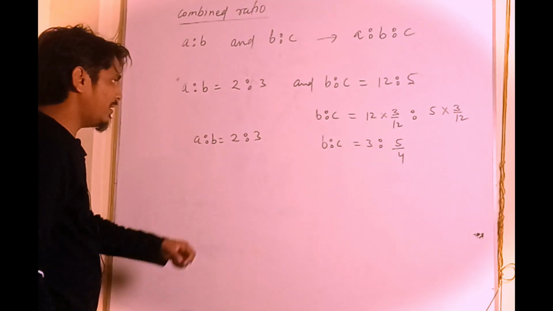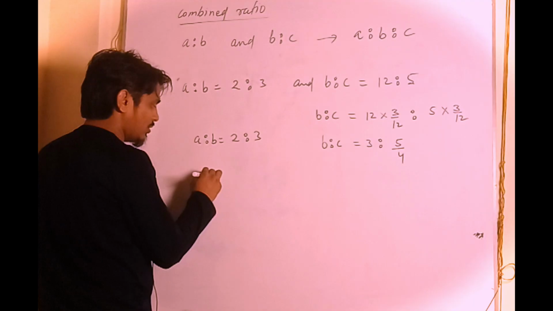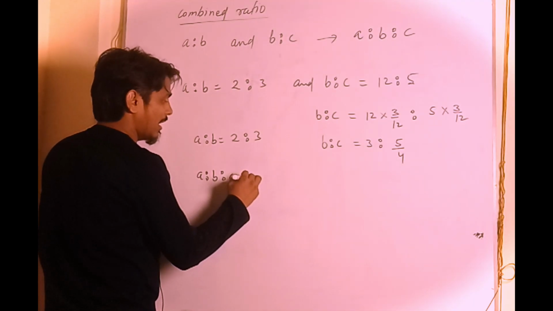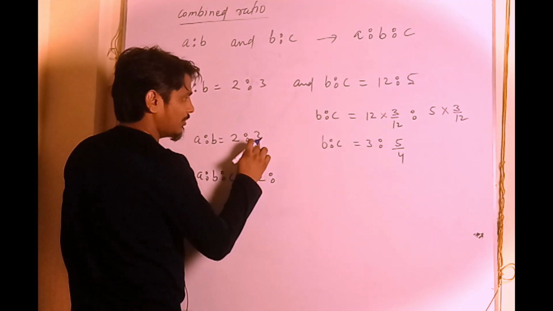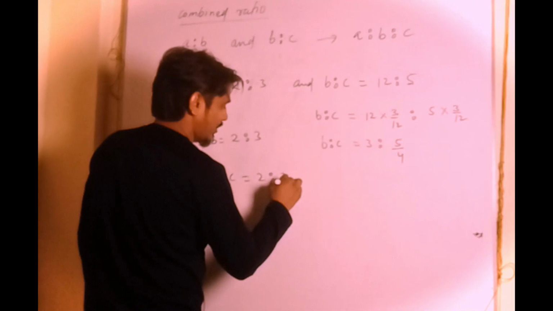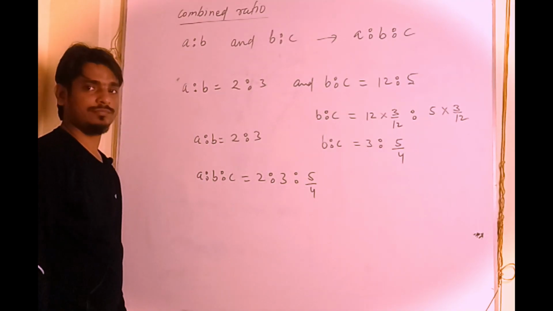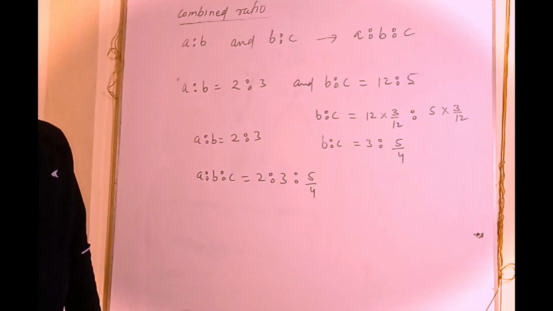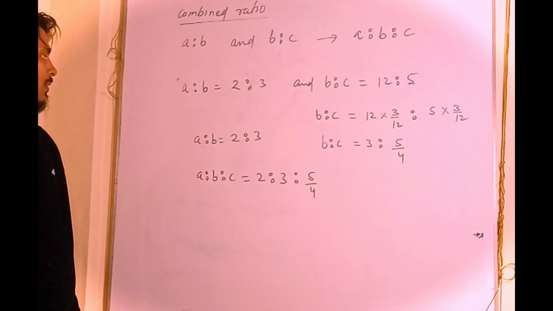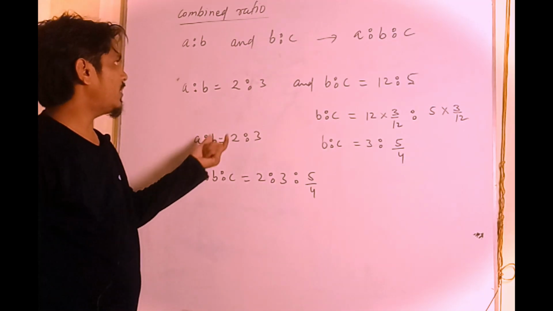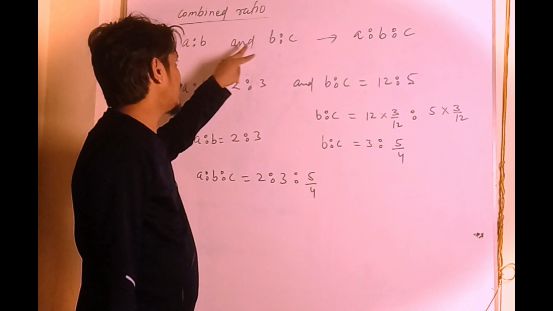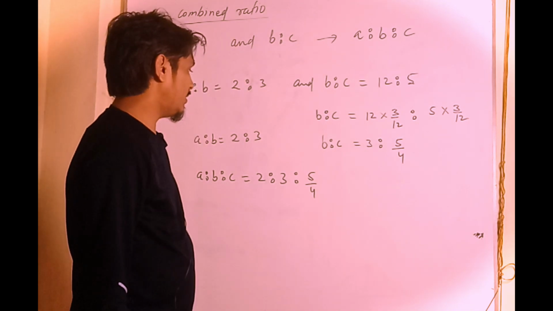So combinedly we can write this as A ratio B ratio C as 2 ratio 3 ratio 5 by 4. So this is the combined ratio of these two different ratios, A ratio B and B ratio C.